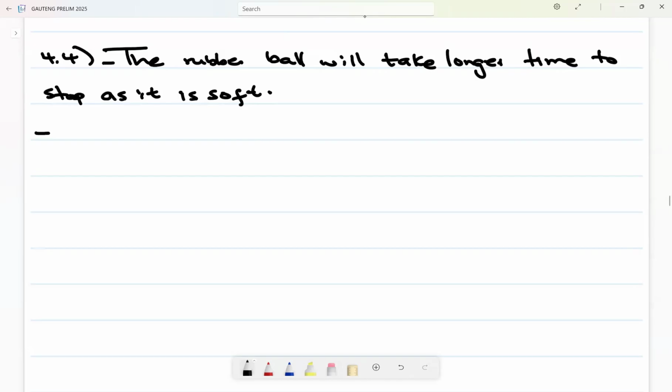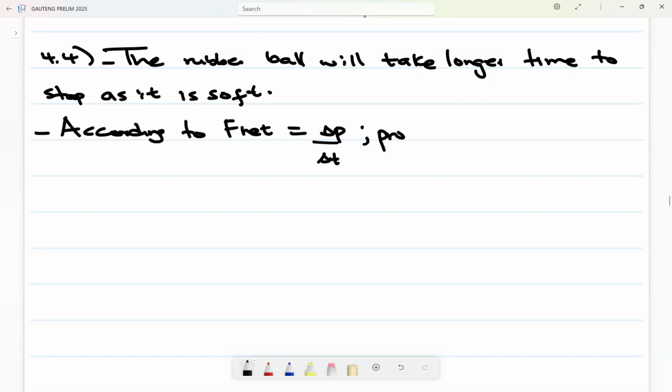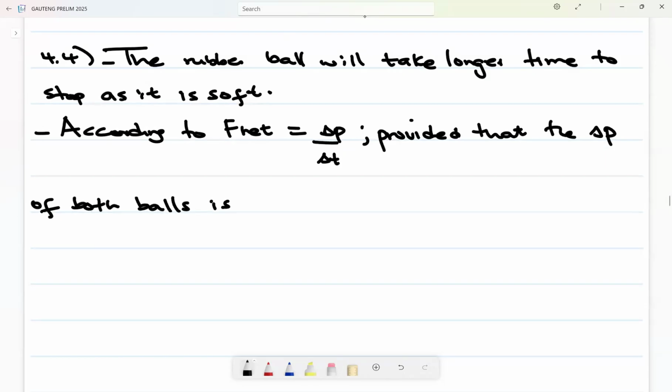The second bullet, I'm going to say, according to F net, it is equal to change in P divided by change in time. This is Newton's second law in terms of momentum, provided that the change in momentum of both balls is the same or is constant.